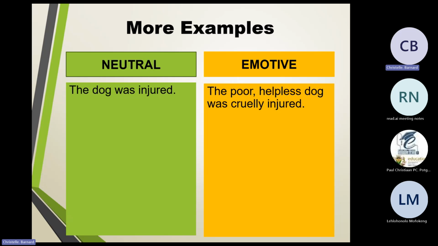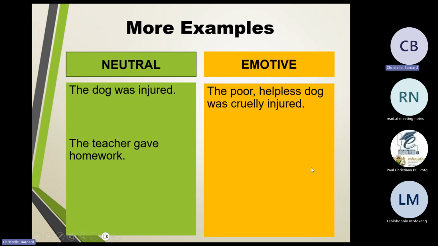There I've added 3 words: poor, helpless, cruelly. So it evokes an emotion in me. I feel sorry for the dog. I feel pity for the dog because the dog is helpless. The dog was cruelly injured. So you see the neutral, no descriptive words. And the emotive one, we've added 3 descriptive words.